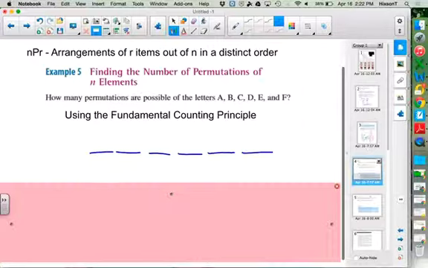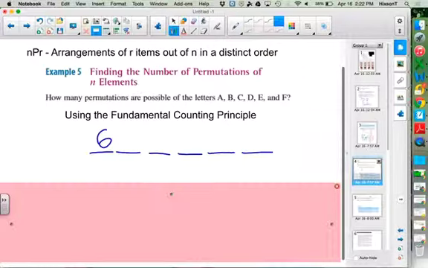You need to think of this in terms of being 6 events, so to speak. We're placing the first one, we're placing the second one, placing the third one, and so on. So how many options do we have for this first one? 6. Now, do we want to use any of these letters twice? No, we just want to arrange those 6 in an order.